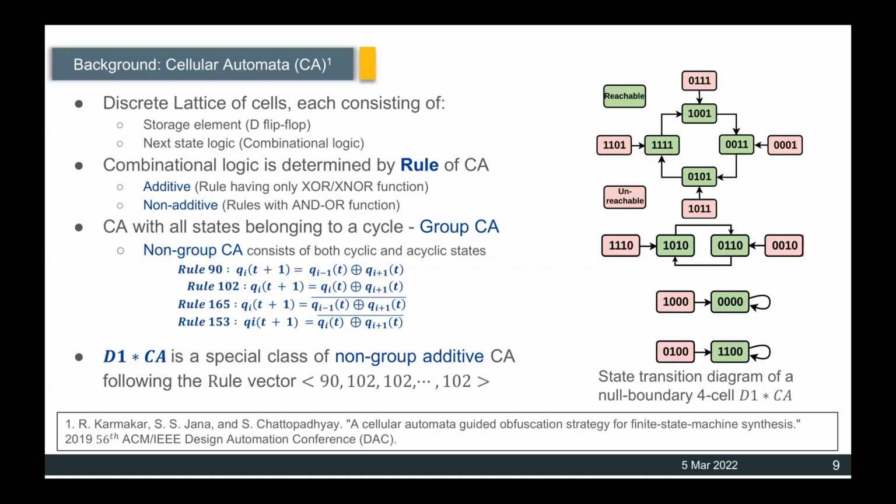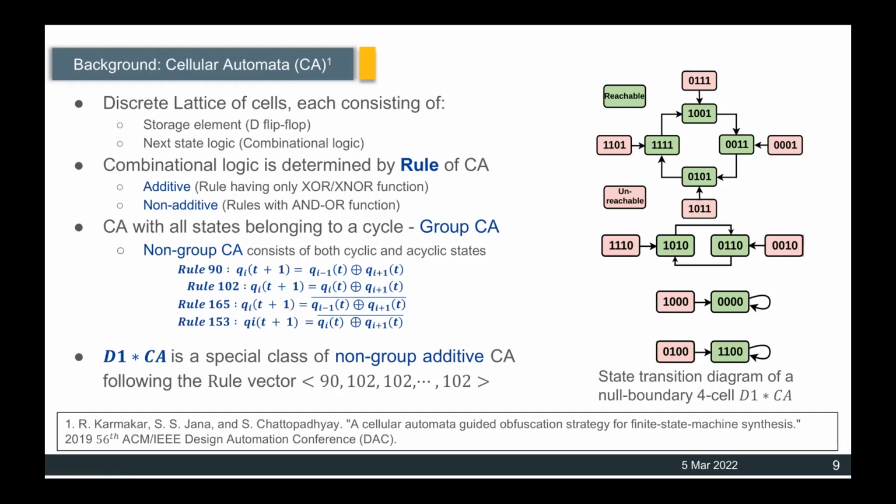as we know, it can be configured by a rule vector like 90, 102, and so on. Just for completeness, 90 is nothing but a CA which depends upon the left and the right cells, and 102 is a rule which indicates that it depends upon the self and the right.